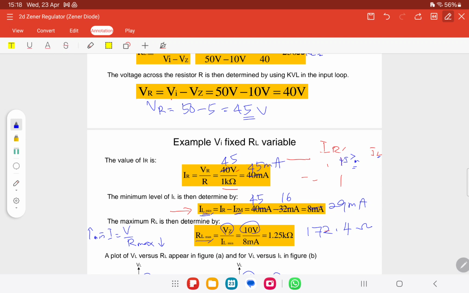If 10 over 8 milli, we get 1.25 kilo. Oh really? This one? It's correct. 1.25 kilo is correct. 0.008, 8 milli is 0.008. Divided by 29 is 0.029, right?